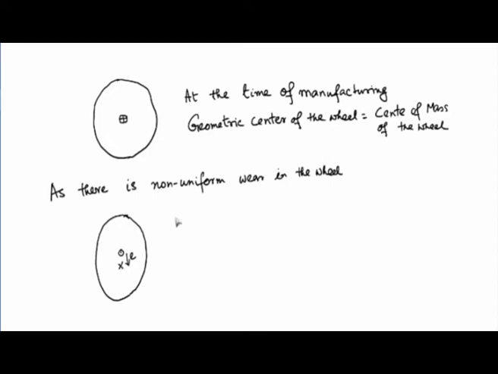So as there is non-uniform wear of the wheel, the center of mass during operation will not be equal to the point about which the wheel is rotating. Okay, and we will see that this is what causes unbalance in a rotating mass in a short while from now. So this is one example.